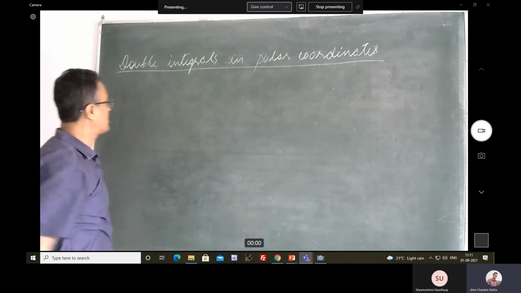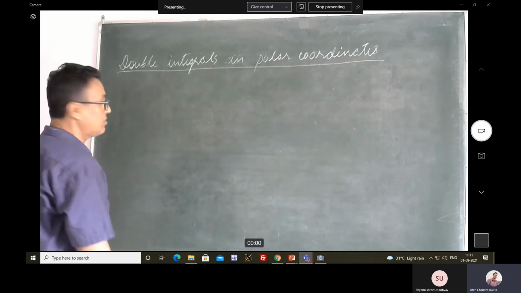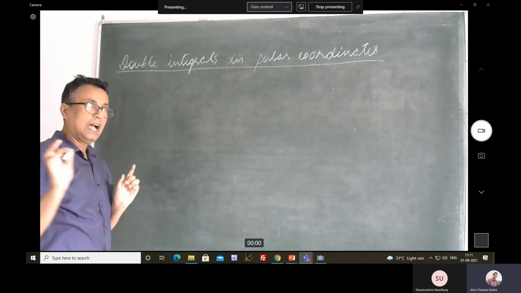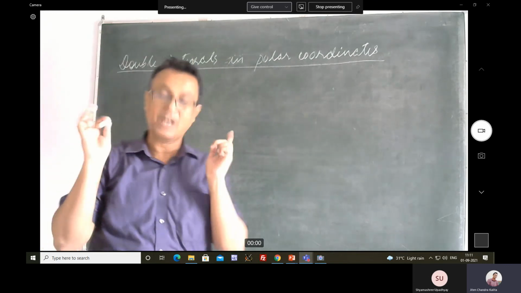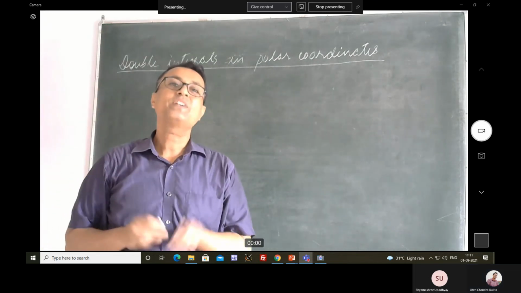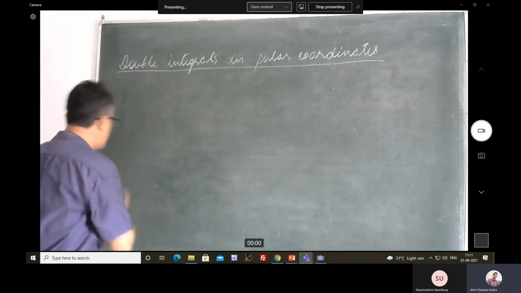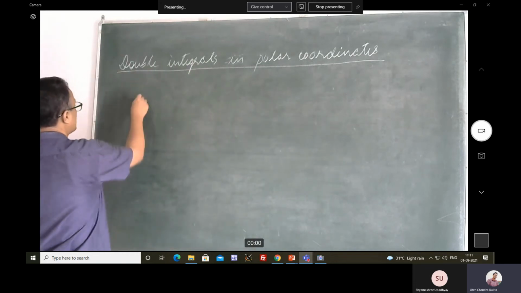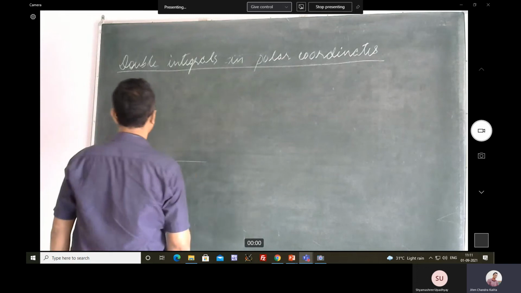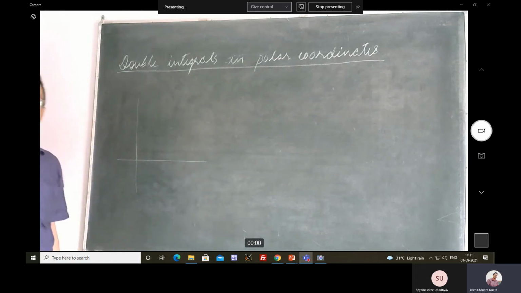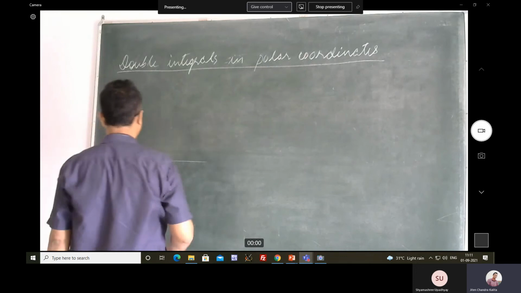So for this, as before, in the Cartesian coordinate system we started with a rectangular domain. Here also we are going to start with a polar rectangular region. So what is a polar rectangular region?